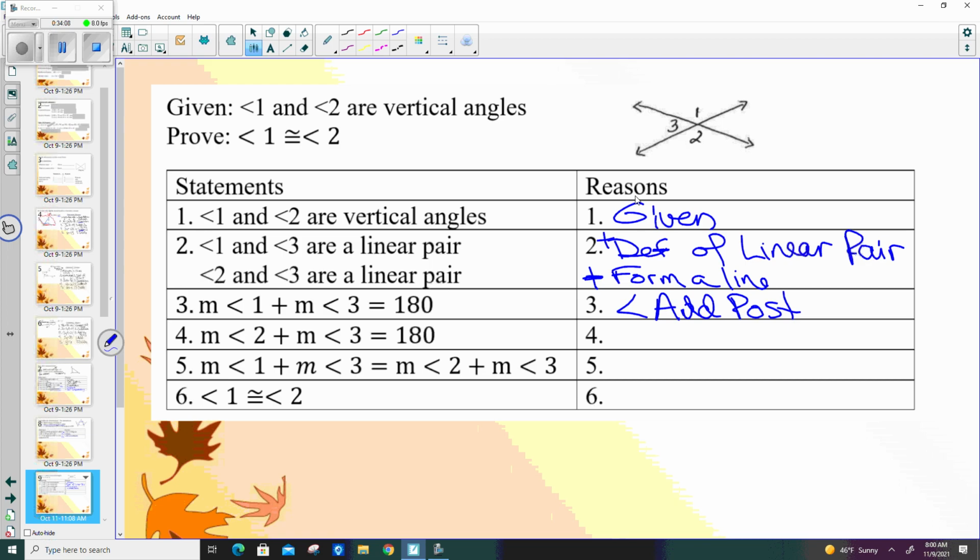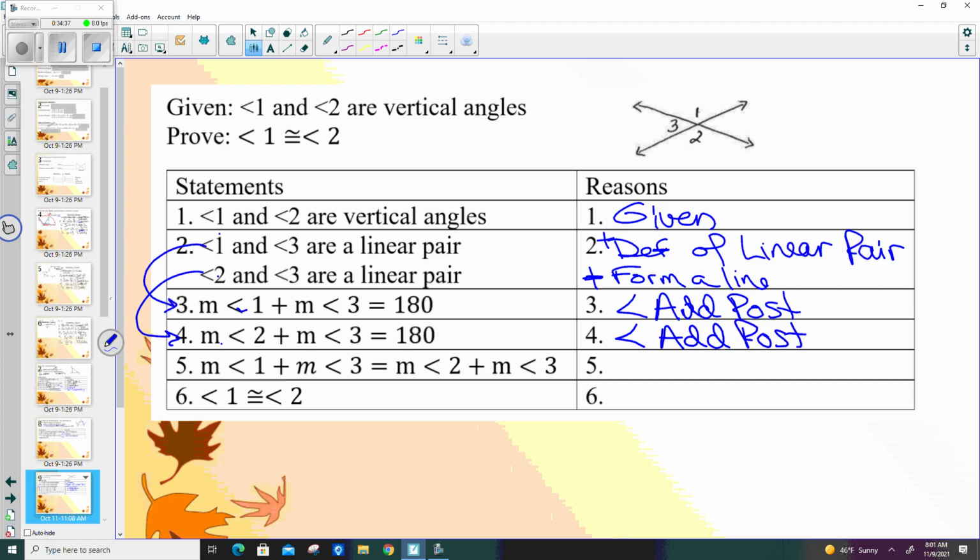You have it written on your page. What's the reason in step 3? Angle addition postulate. Why do we know angle 2 and angle 3 equal 180? Absolutely, it's angle addition postulate. So we took linear pair, added them up to equal 180. Linear pair, add them up, equal 180. It's angle addition postulate again.